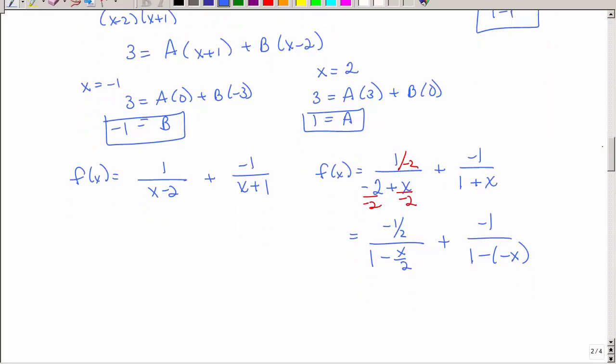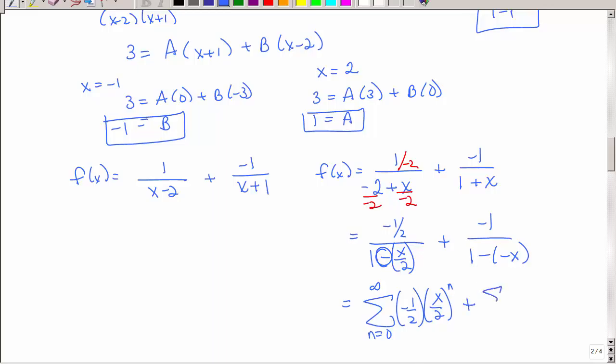So I can take my function and rewrite this as two power series added together. So for this power series, I have a times r to the nth power. Remember, I want that negative, and what's left is my r. So this is one of the first times r is positive.